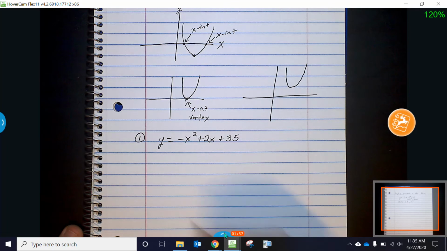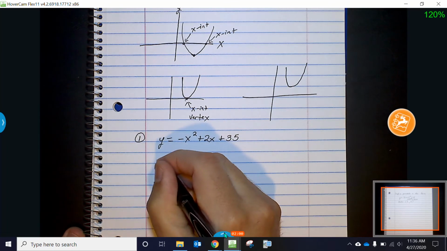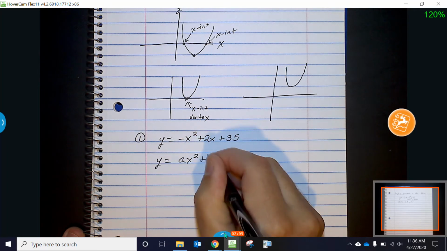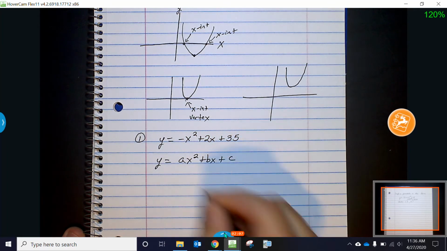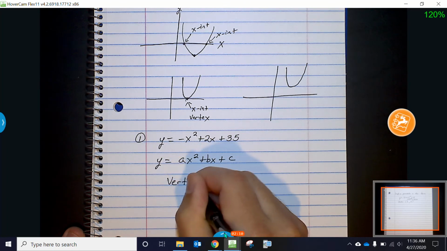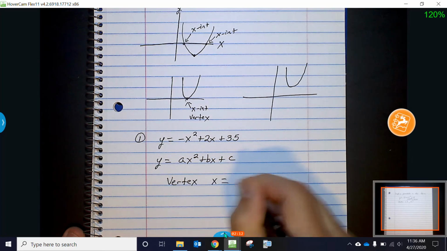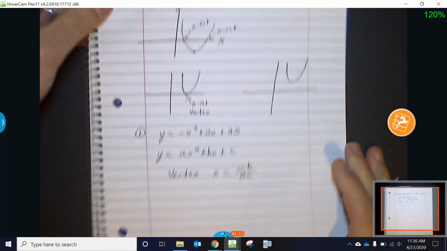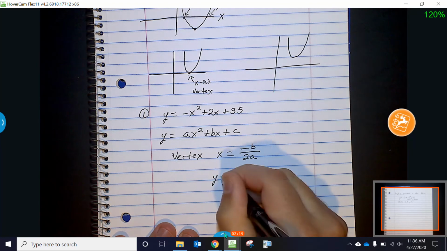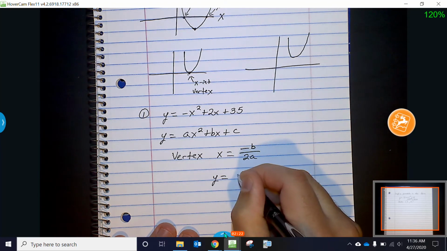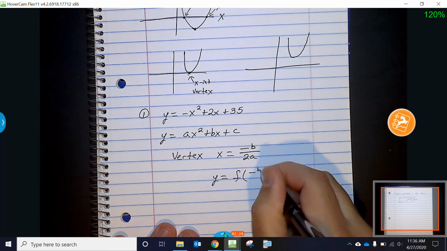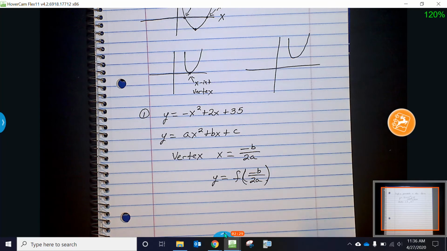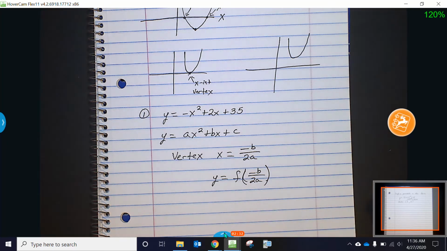So what we're going to do is, if you have ax squared plus bx plus c, for the vertex, the x is going to equal the opposite of b over 2a. And to find y, we would plug that value back in. So you plug this negative b over 2a, whatever value you get, back into the function. So that's how you find your vertex.